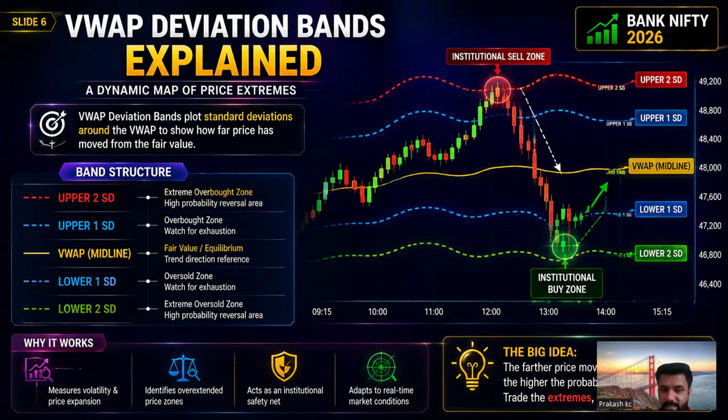In case of extreme levels, the overbought is standard deviation band two, and on the lower side, the oversold is lower standard deviation band two. So this is the way you can understand the midline and the extreme high and extreme low. And here there are institutional buyers waiting with a lot of investment.